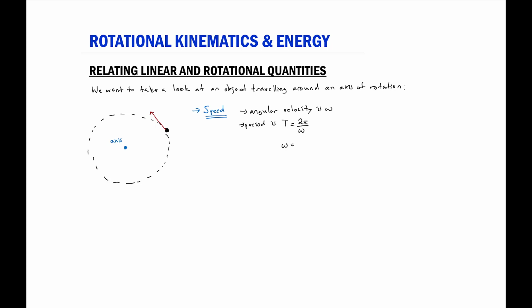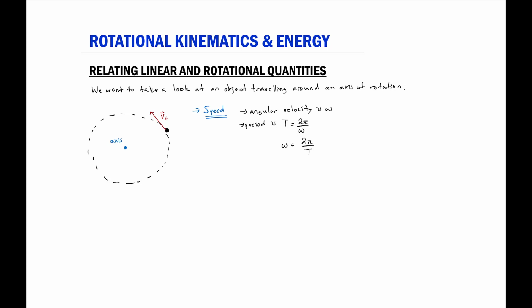So that means omega is equal to 2 pi over T. So how can we relate this to tangential speed, or Vt? Well, similar to our experience with circular motion and centripetal acceleration, the tangential speed is going to be calculated by how much distance the object travels in a given amount of time.